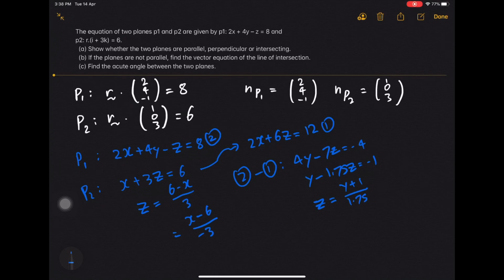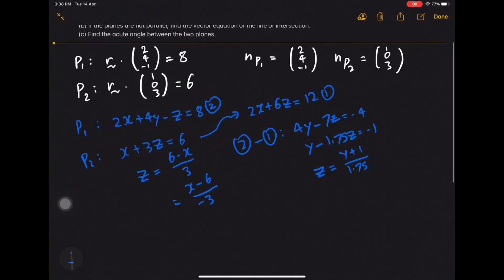Once we're done with that, we can combine them together. You have x minus 6 over negative 3 equal to y plus 1 over 1.75 and equal to z. This is the Cartesian form for the equation of the line of intersection between the two planes.